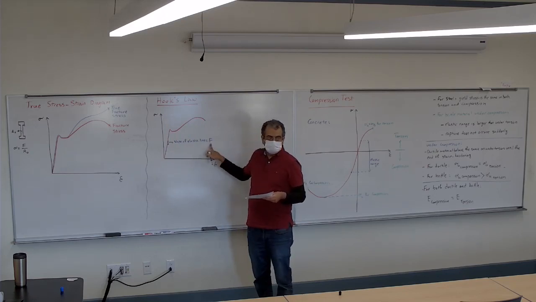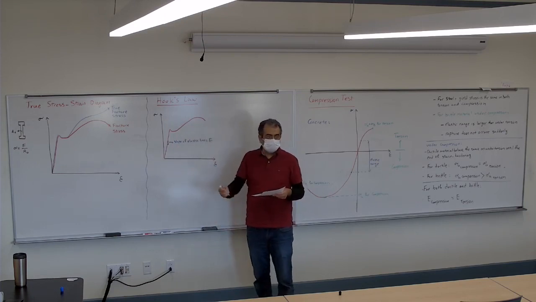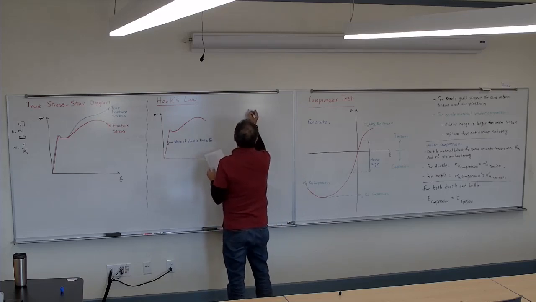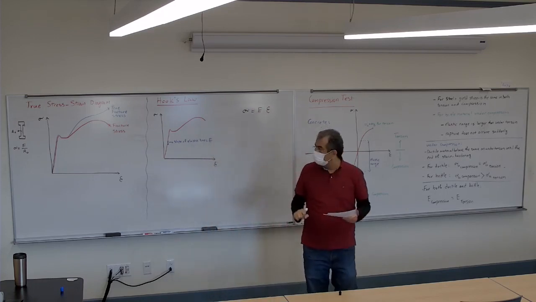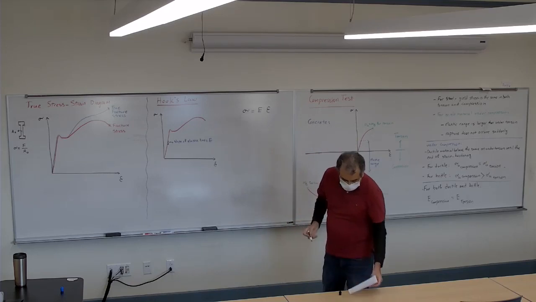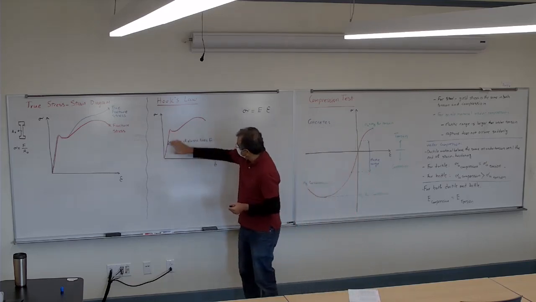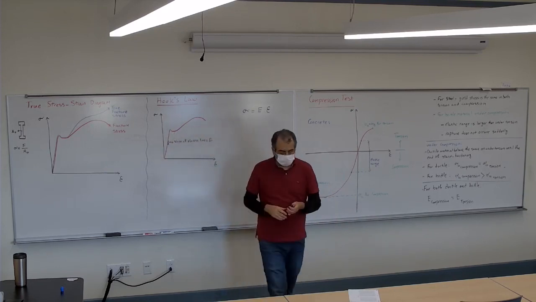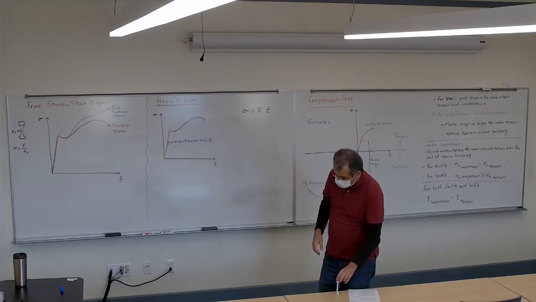E. So sigma is going to be E epsilon. That's Hooke's law. So sigma is equal to E epsilon. Remember that that's only correct for the elastic part of the curve.